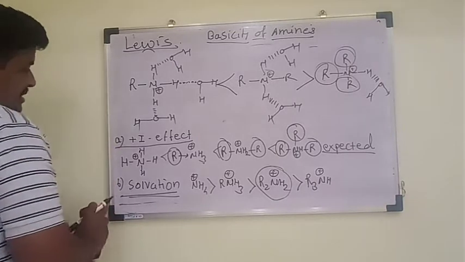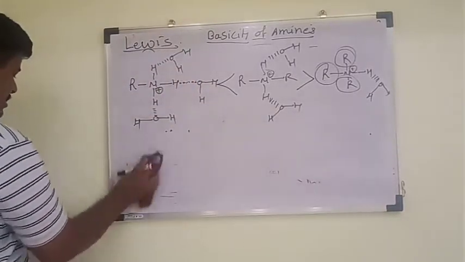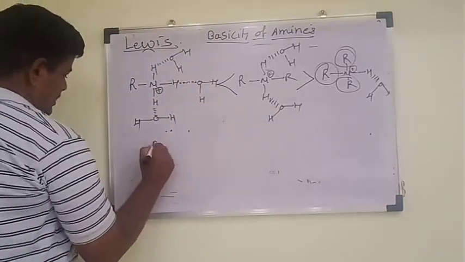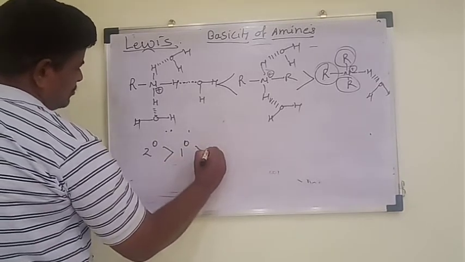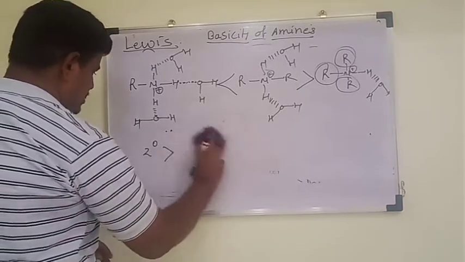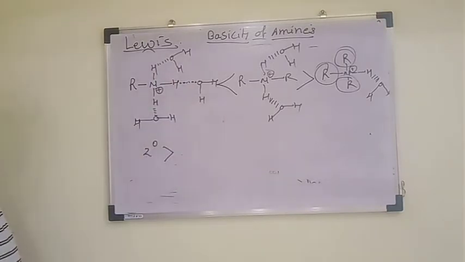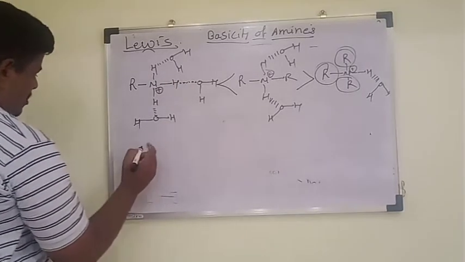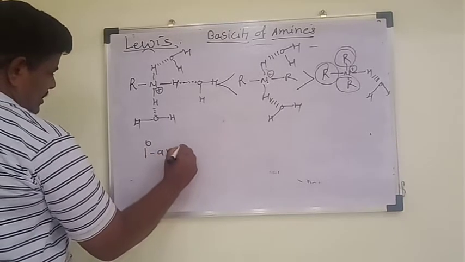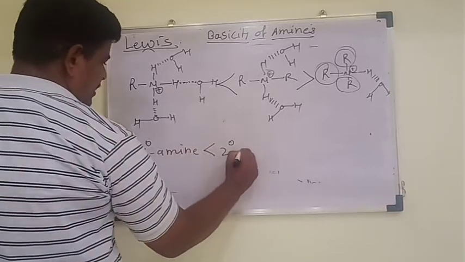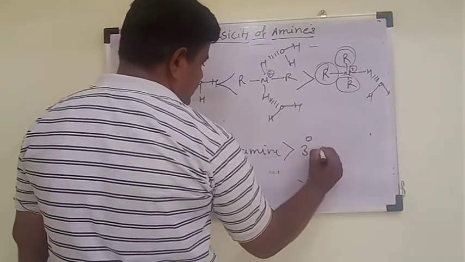So we can say that the correct order of basicity is: primary amine is less basic than secondary amine, and secondary amine is more basic than tertiary amine.